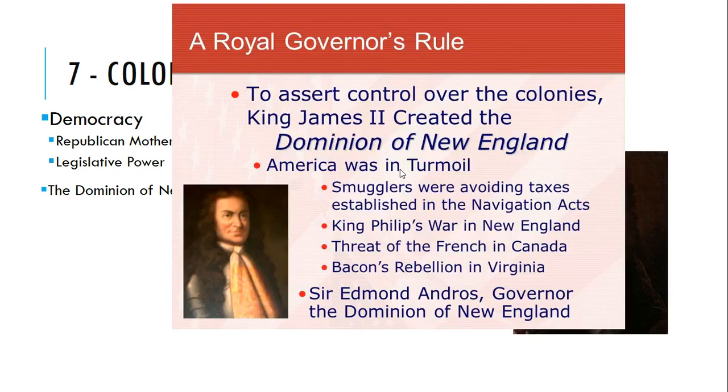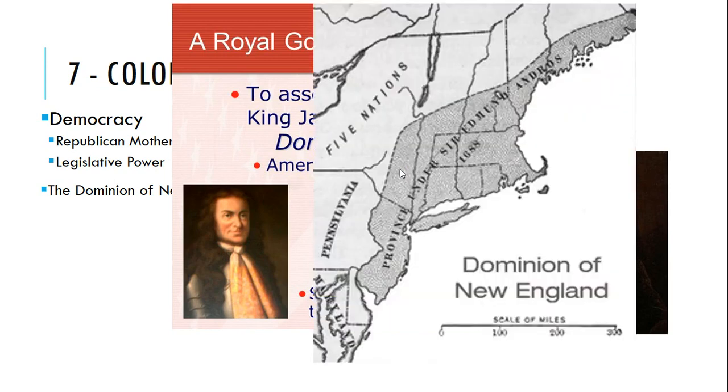King James appointed Edmund Andros to be the governor of the Dominion of New England, which was basically a super colony, which they hoped could control some of the smuggling, consolidate more power, and give the king more of a role in colonial authority. So here's your super colony.